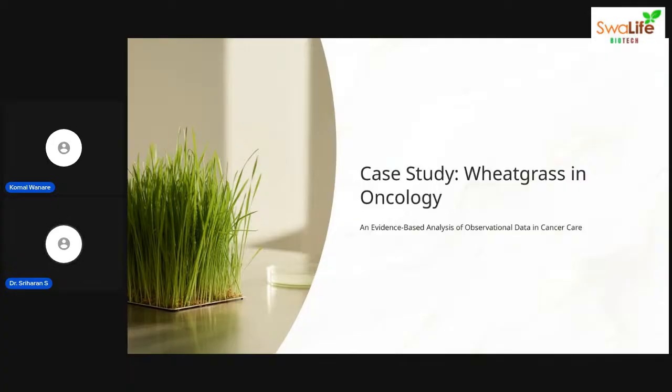So, rewinding from yesterday's class, we saw the evidence gaps in herbal and nutraceutical research. We looked at what the evidence gaps are, how we identify them, and how to evaluate the methodological barriers.